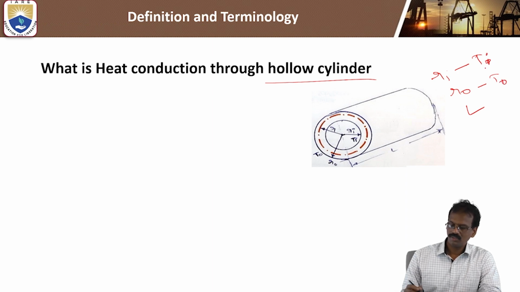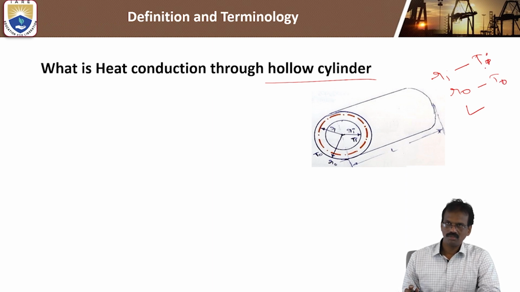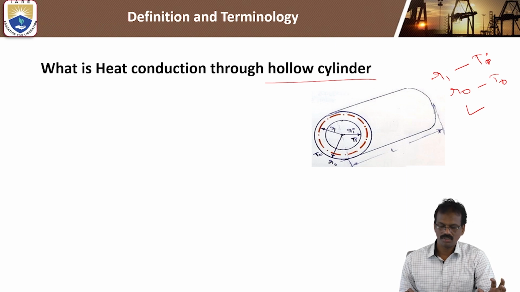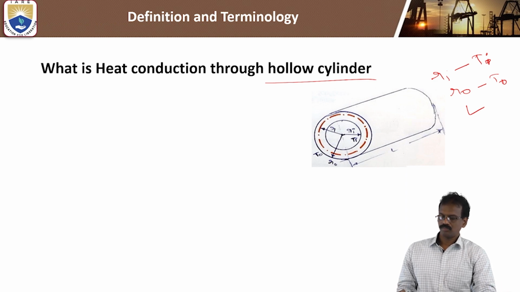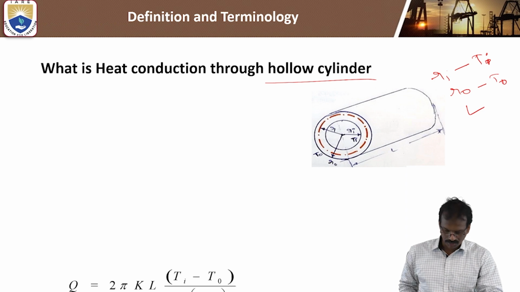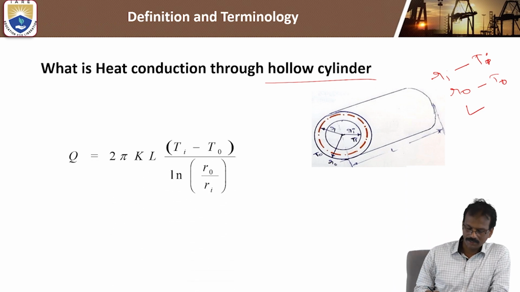Then what is the formula? We can derive this by the help of the Cartesian heat conduction equation for cylinders in one-dimensional direction by using the boundary conditions. The final equation I am just giving here.